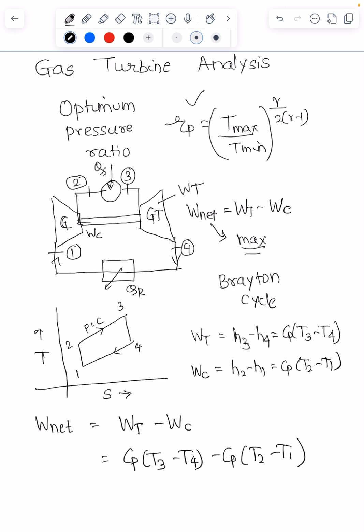Now what we want is the maximum work, and you know that at any maximum point the slope is 0 with respect to the pressure ratio. So if you solve this and equate it to 0, you get a maxima.